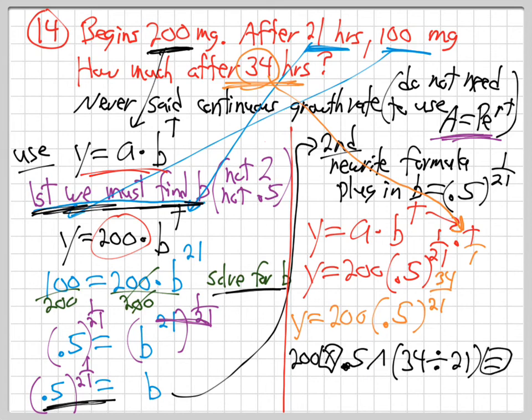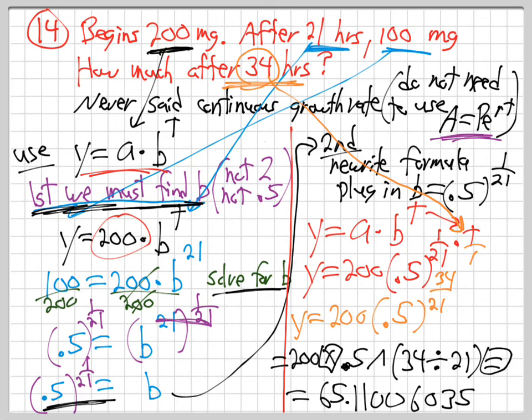So there we go. 200 times 0.5 to the power 34 divided by 21. I'm getting 65.11006035. That's more accuracy than we need. There we go.